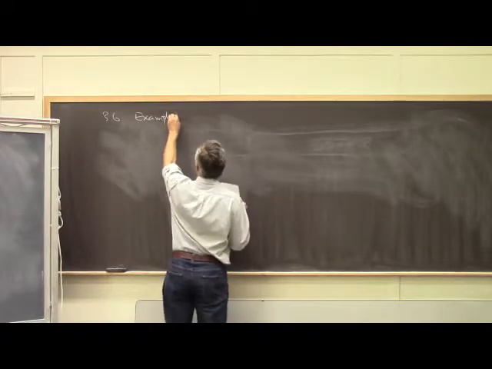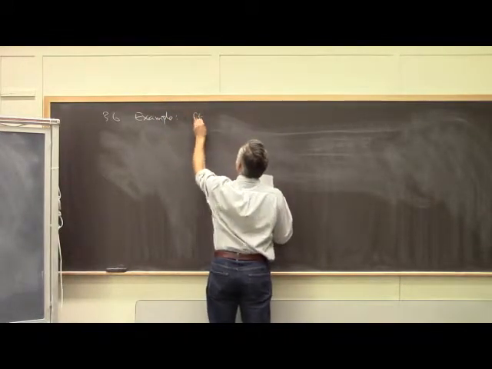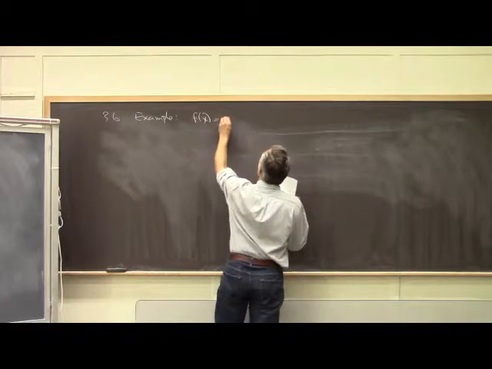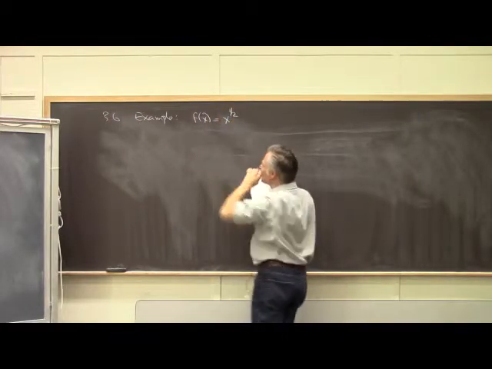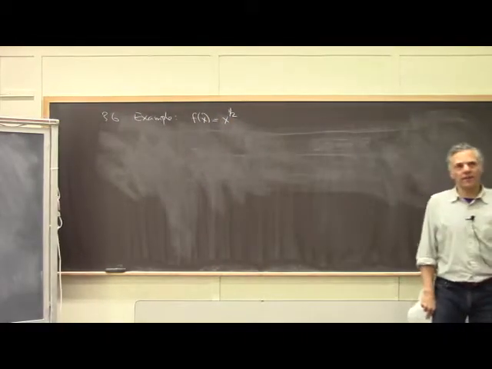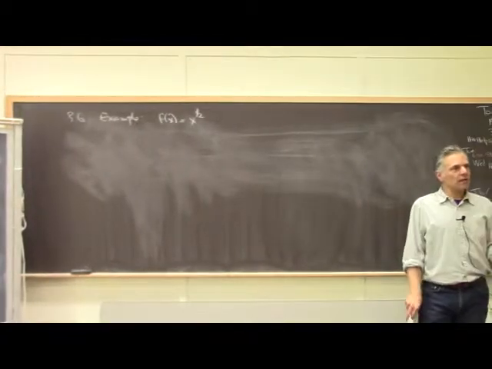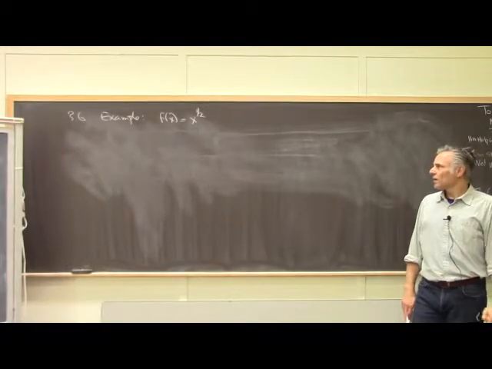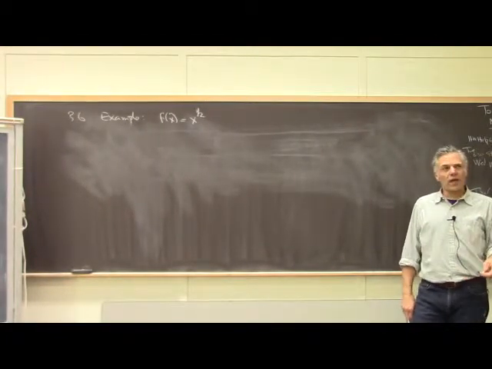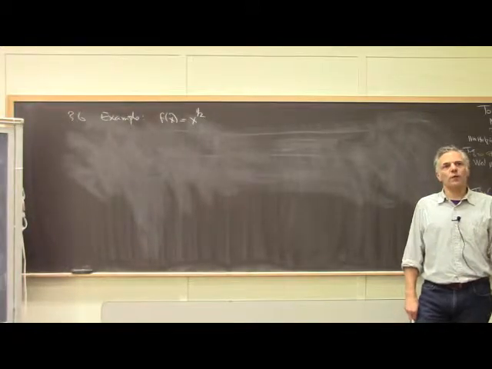So here's an example. We're going to let f of x equal x to the half. And we're not going to get a new rule out of this, but you'll see a clever way of using the chain rule to reaffirm something we've already known.